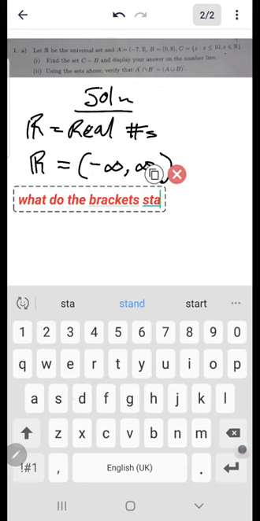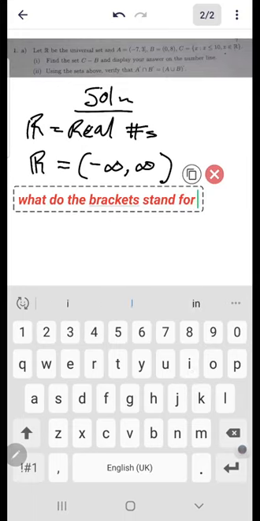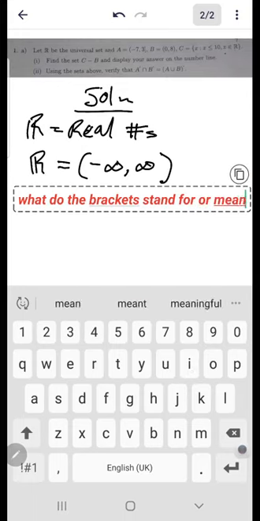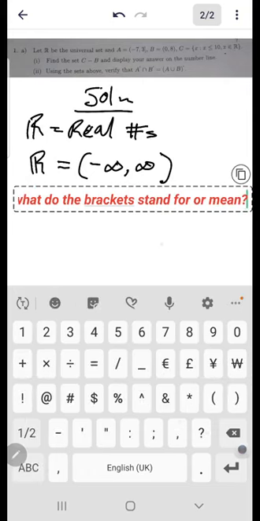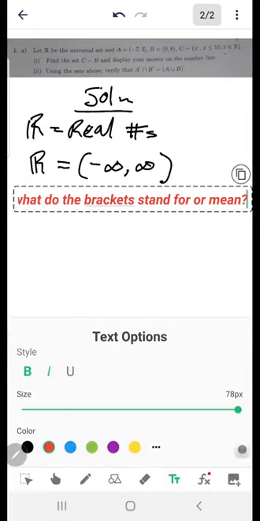It's very important for you to know the interpretation of the brackets.